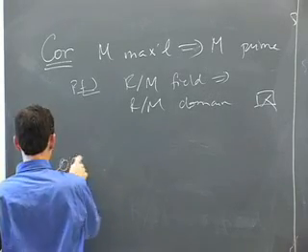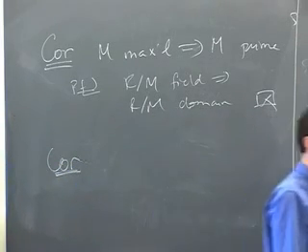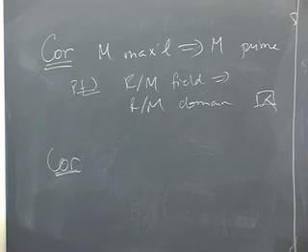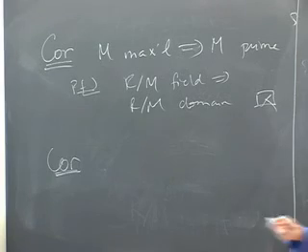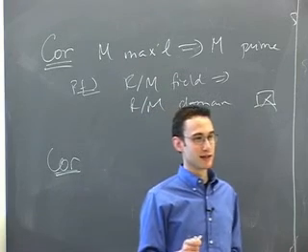Here's another corollary. What's a way of characterizing domains in terms of the ideal structure of the ring? Is there an ideal which is prime if and only if that ring is a domain?